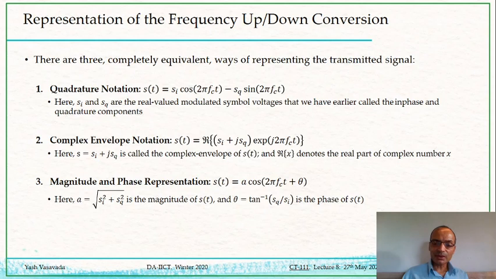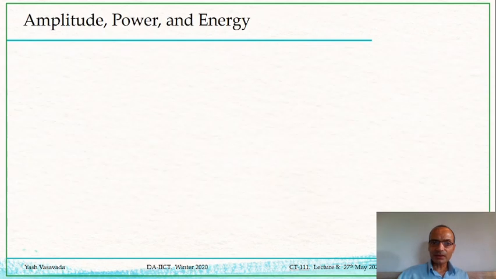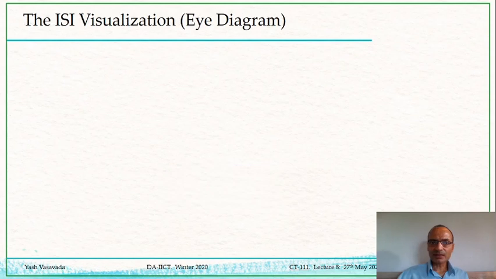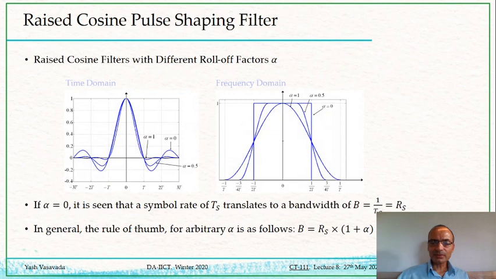If we use the raised cosine filter, then the pulse shape will be exactly as it is shown here. For this pulse shape, that Si plus JSQ may have a frequency occupancy around 0, spreading out to some 1 plus alpha times Rs divided by 2 width.